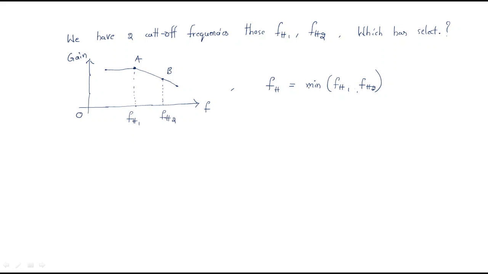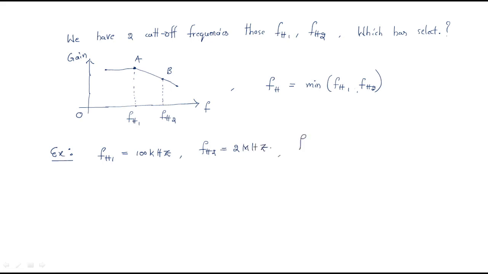Understand? So if a problem gives two cutoff frequencies for high frequency, which has to be selected? Look at the magnitudes; the one with the smaller magnitude is our cutoff frequency. For example, one cutoff frequency is 100 kHz and the other is 2 MHz.